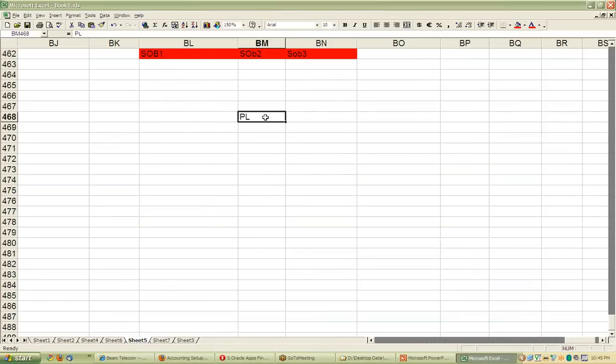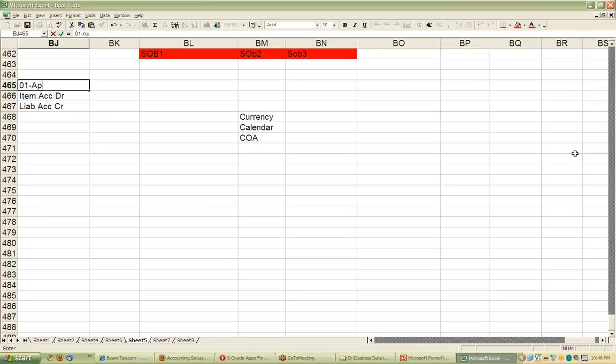ledger comprises 4 C's. You are aware of the C's in set of books? Whenever any accounting entry takes place, it will be like this: item account debit, liability account credit, and this will be for, let's say, 1st of April.